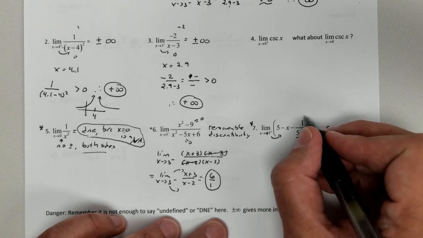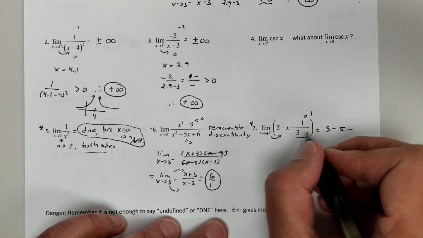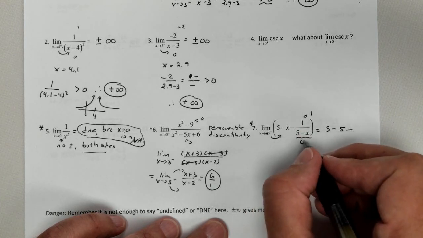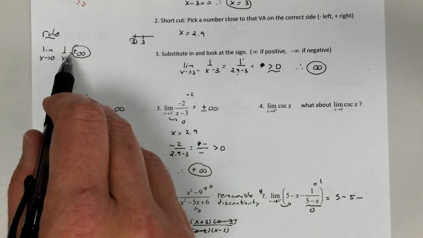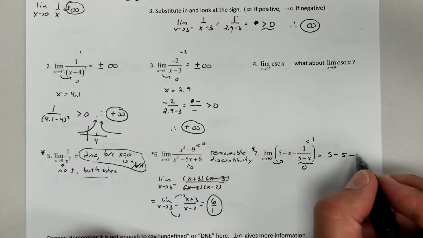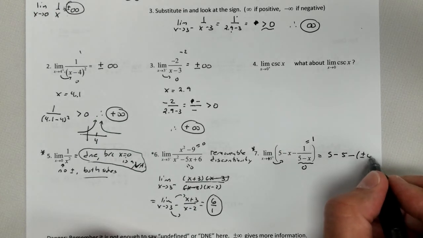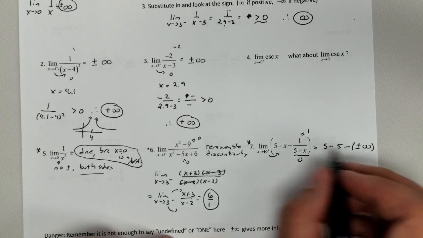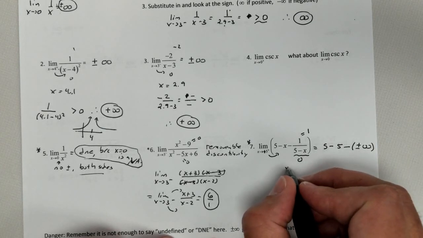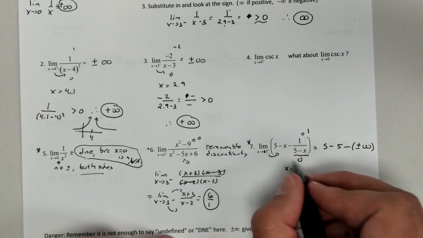If I plug in the 5, the top stays 1, but the bottom becomes 0. This is our new rule. We're either going to get positive or negative infinity. So I know that this is either positive or negative, one or the other. We just have to determine which one. So my rule says I'm going to pick a number close to 5, but on the right.